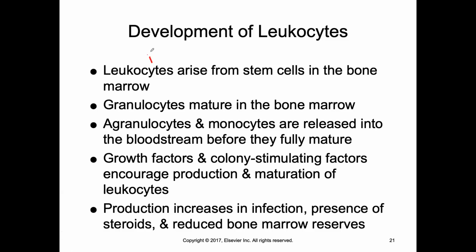The B lymphocytes, and monocytes, and granulocytes, all mature in bone marrow, right? And then are released into the blood.